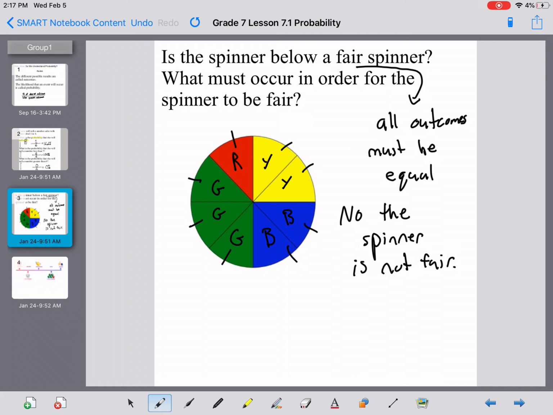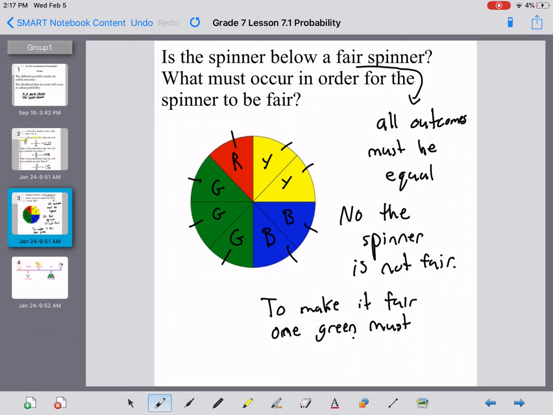In order for it to become fair, to make it fair, 1 green must become a red. If a green becomes a red, then it would be a fair spinner because there would be 2 sections of each color.